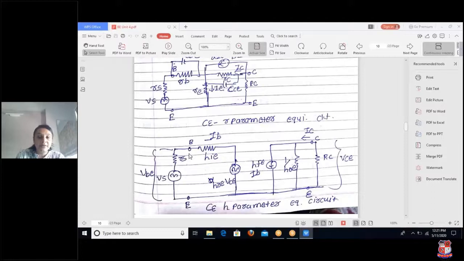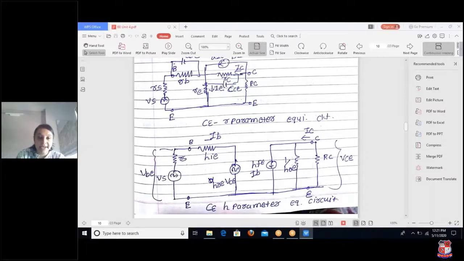Here we put the two symbols, base and emitter, because here we use the CE configuration. So your emitter terminal is always connected to the ground. Input is in between base and emitter, and output is in collector and emitter, right?